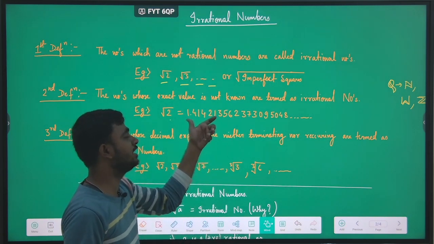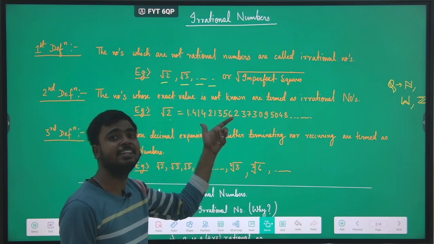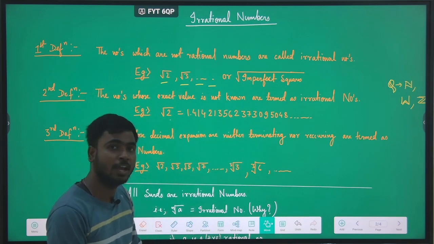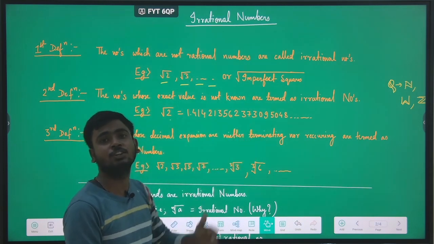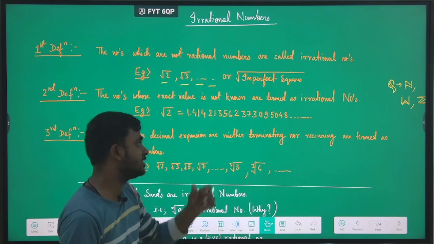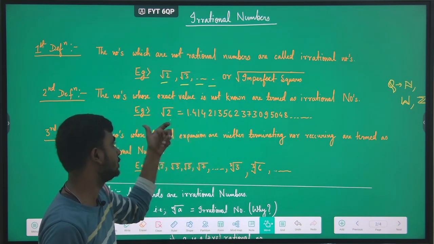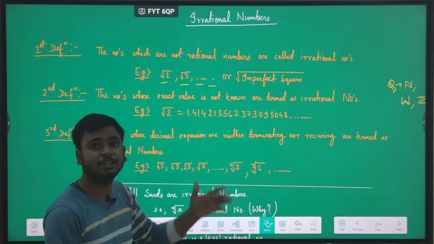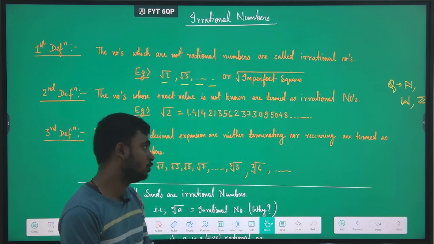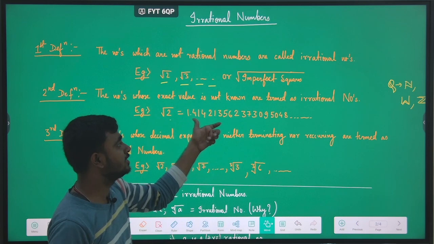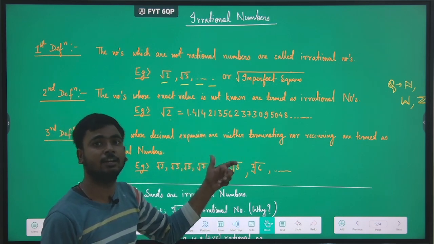Also, after the decimal, we are not getting any repetition of digits. That is why we can say that the decimal expansion of this number is neither terminating nor recurring. So we can say that this number is an irrational number.